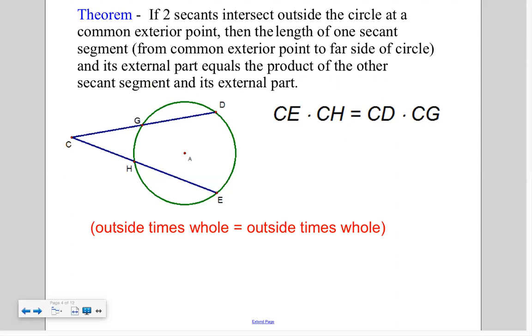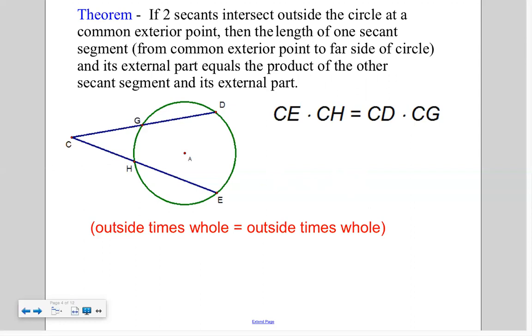All right, that's a lot of words. It's a lot easier to remember this: outside times whole equals outside times whole. Okay, so if we have two segments here, the outside part of that segment times the whole segment is going to equal the outside part of the other segment times the whole segment.